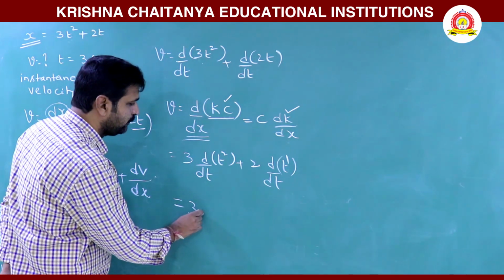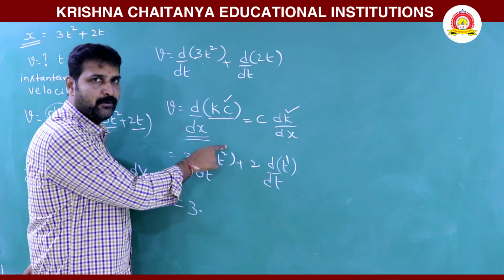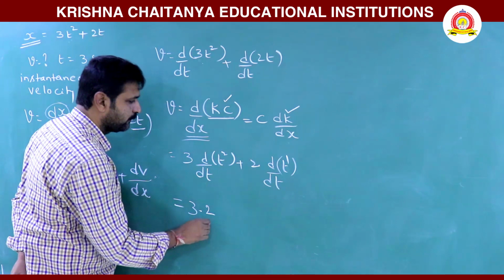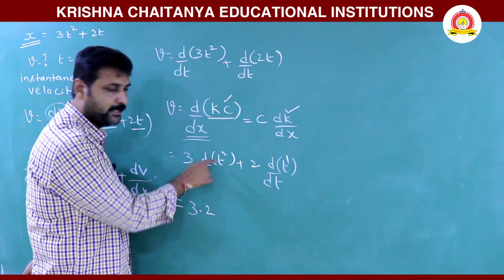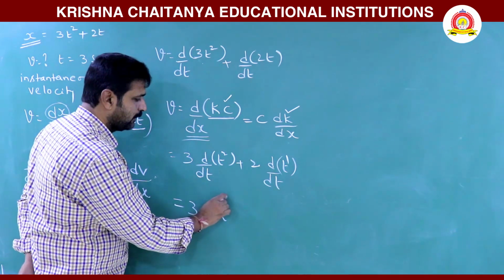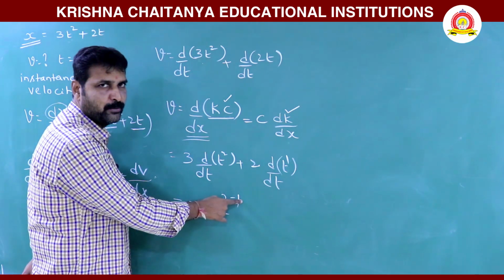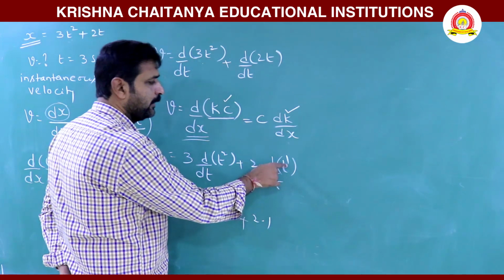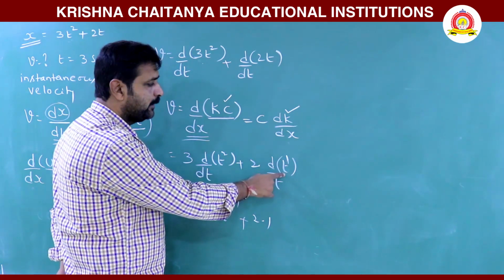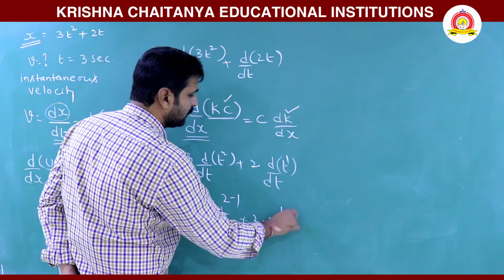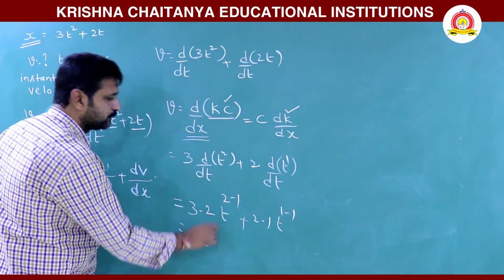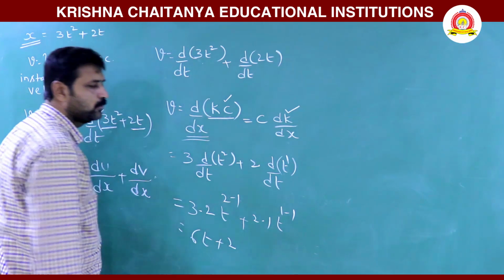So 3 into, this is t power 2 means n into, which is 2 into, in the place of x it is t power n minus 1, 2 minus 1, plus here 2 into 1 into t power 1 minus 1. Okay, then this is 6t plus 2.